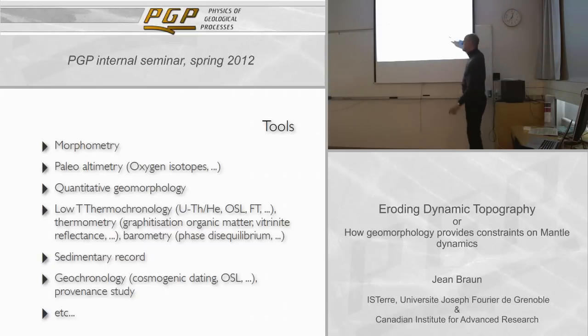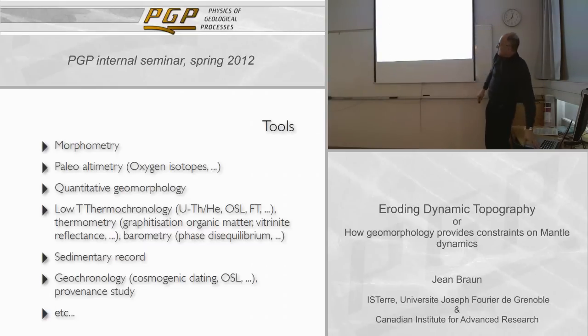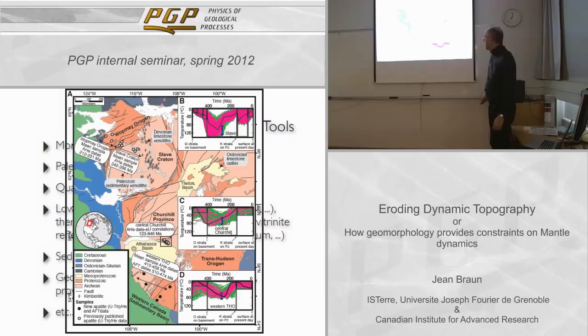We can also use the sedimentary record to do that. We just sit next to the surface and see what happens, how much sediment comes, where it comes from. We have other tools to say which part of the landscape is eroding at that time. But all of these methods, as I said, are relative, and I'll come back to that.